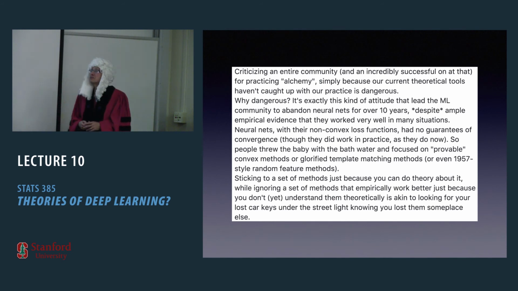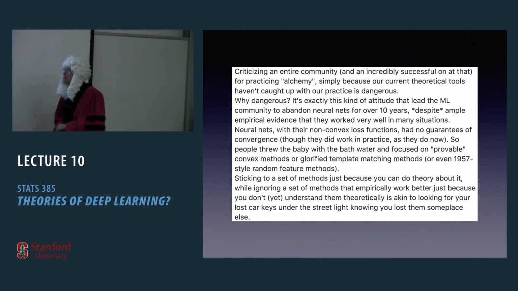So kernel methods took over for a while. Neural nets with their non-convex loss functions had no guarantees of convergence, though they did work in practice as they do now. So people threw the baby out with the bathwater and focused on provable convex methods or glorified template matching methods or even 1957 style random feature methods. That's a subtle dig at Ben and Ali.